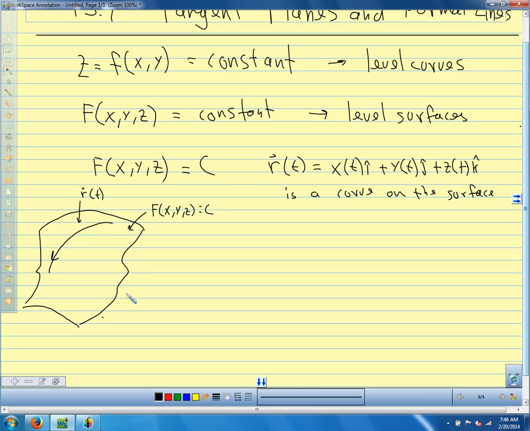So we have a curve on the surface. Since the curve is on this surface, we can write that f of x of t, y of t, z of t is a constant, because that curve is on the surface.